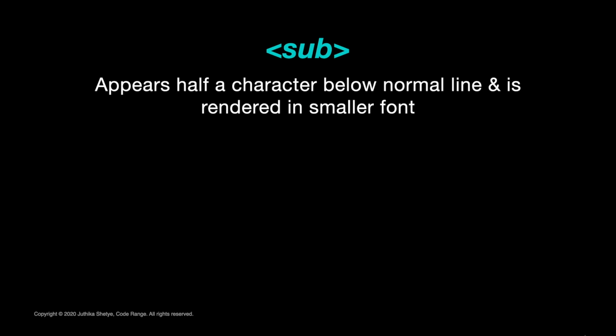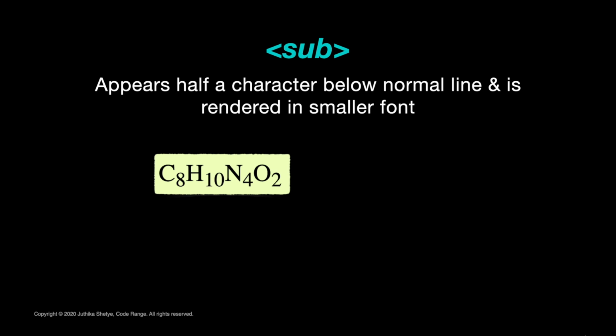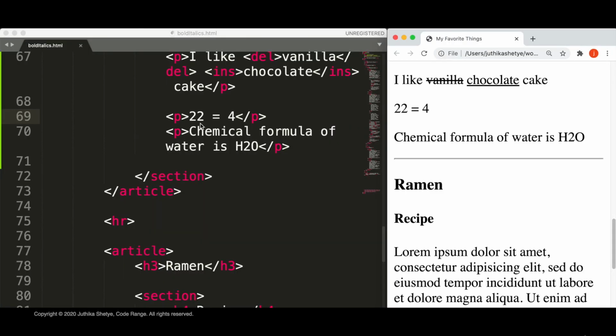Subscript text appears half a character below the normal line and is also sometimes rendered in a smaller font. Subscript text can be used for chemical formula like H2O, or even for marking up the subscript in mathematical variable numbers. So let us use the sup and sub elements to edit our lines.